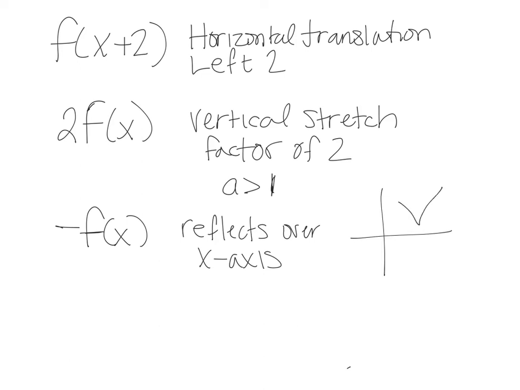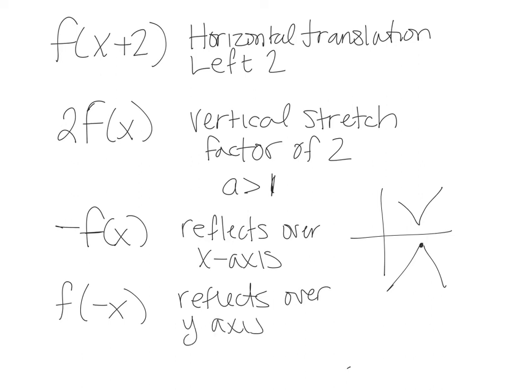It reflects it. My vertex moves to the other side of the x-axis. If I have f of negative x, this reflects it over the y-axis. I have it over here. Now instead it moves to the opposite side of the y-axis.